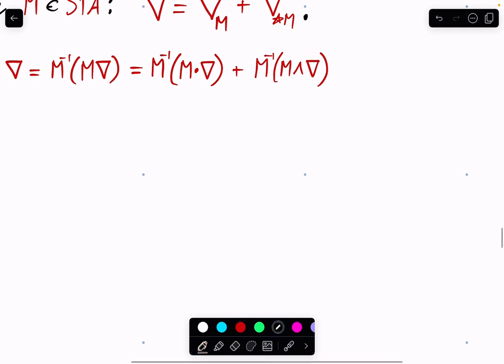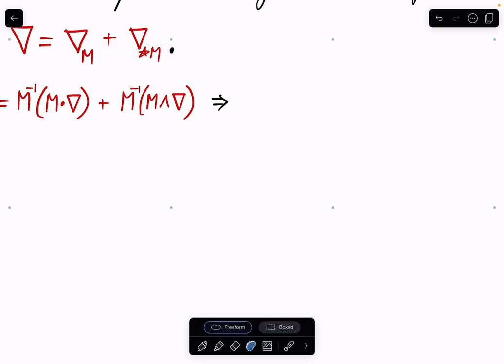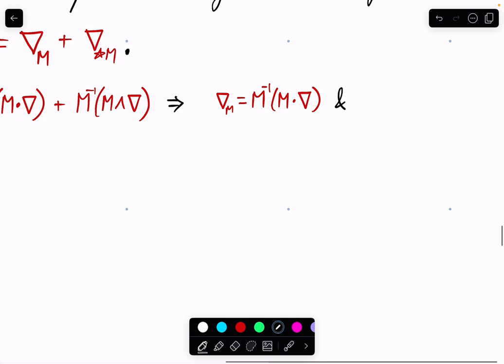And this implies that the tangential derivative or gradient is equal to this, which just looks like the projection formula.